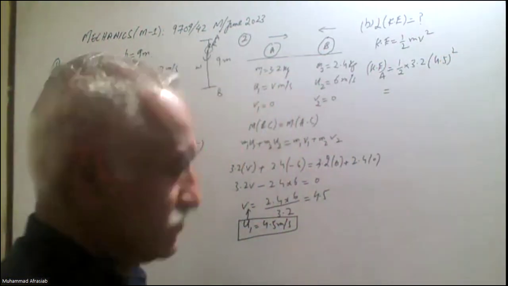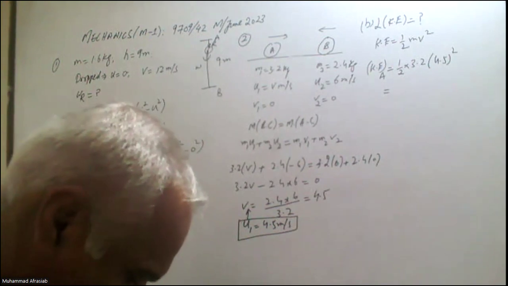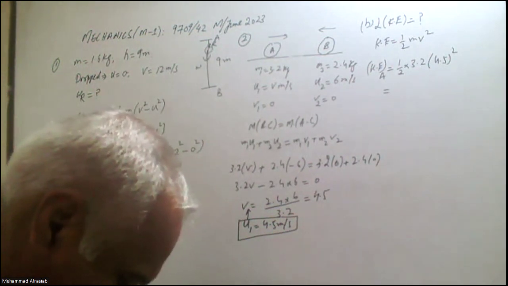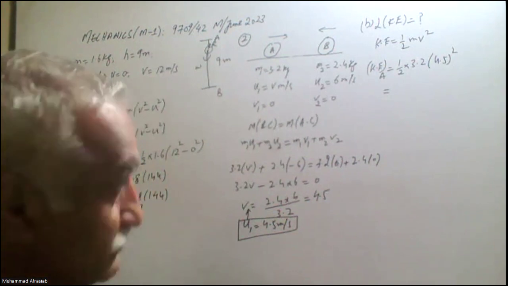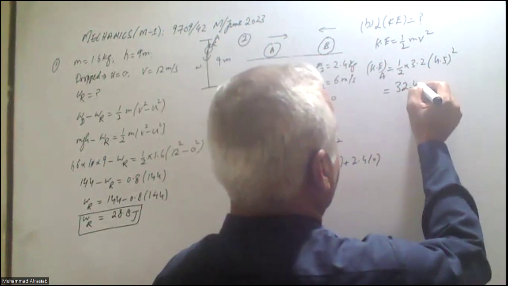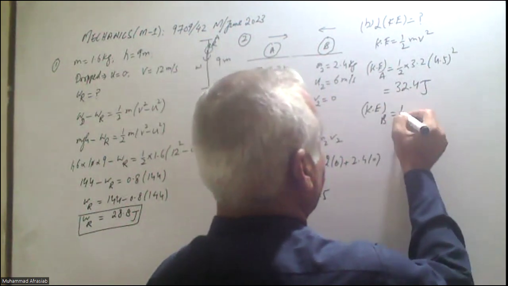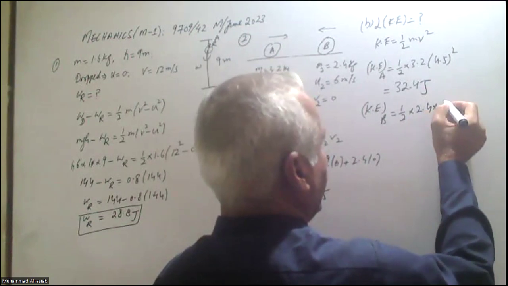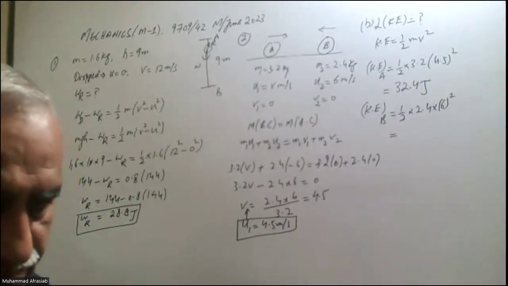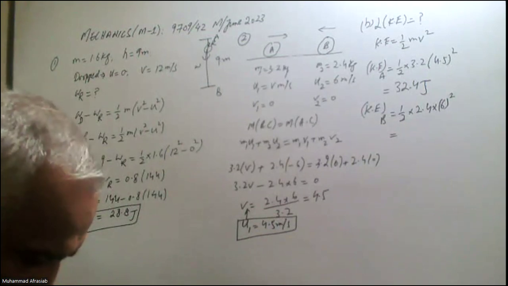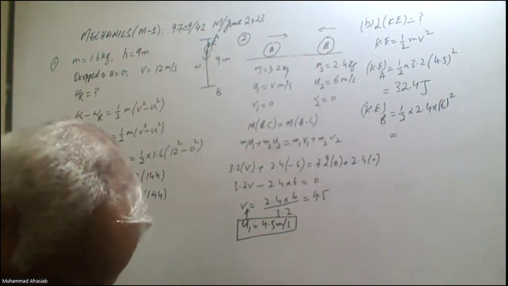So that is equal to 32.4 joules. Now kinetic energy of particle B is half, mass of that particle is 2.4 and velocity of that particle is 6 square. So that is equal to 43.2 joules.